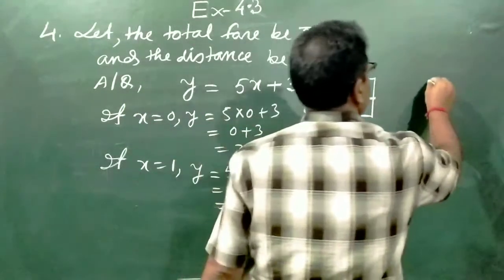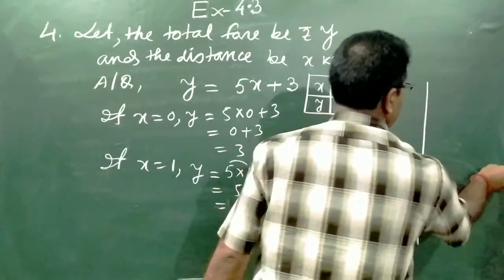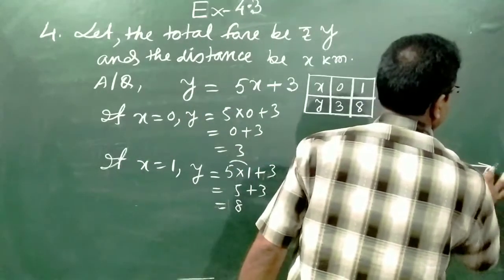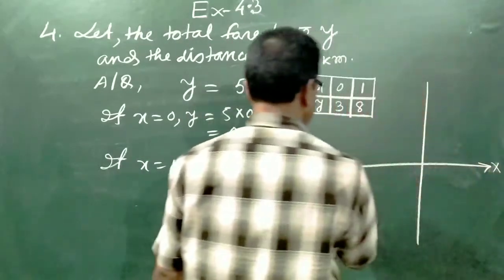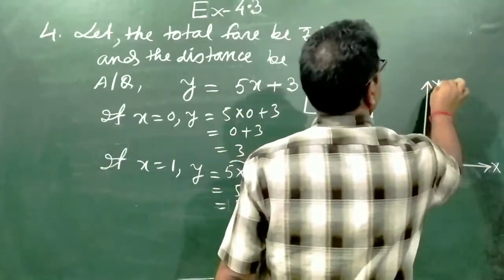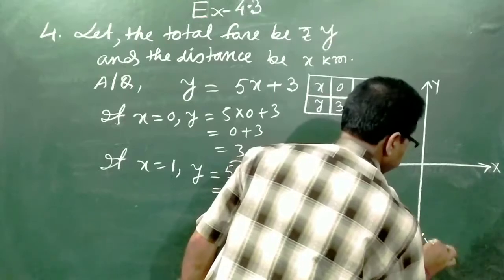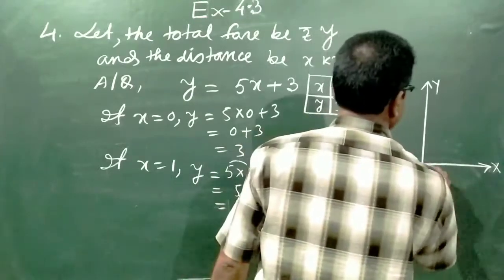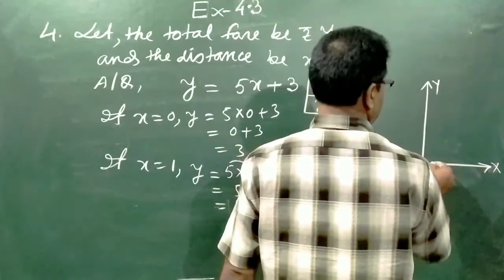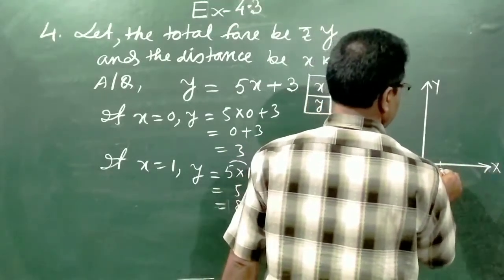Now we need to draw the coordinate axes. This is x, x dashed, and this is y, y dashed. This is the origin 0, this side positive values of x, then 1, 2, 3.